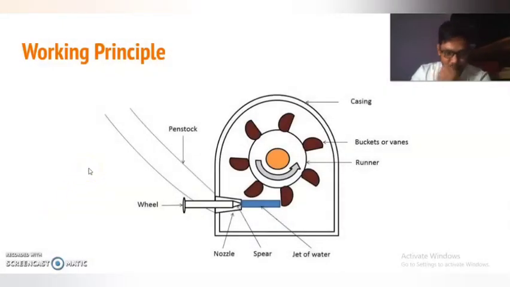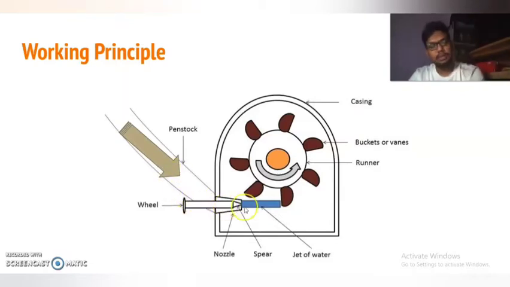Okay, the principle of the Pelton wheel turbine. Firstly, the water is stored at a high head, and then from the penstock the water goes to the nozzle. At the nozzle, the spear controls the flow rate of the water. When the spear is pushed backward, the flow rate of the water increases, so the kinetic energy of the water increases and forms a water jet.